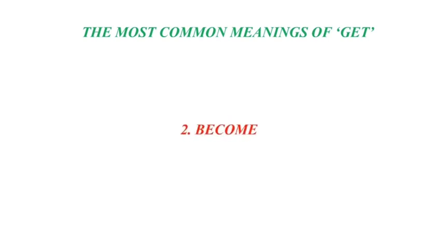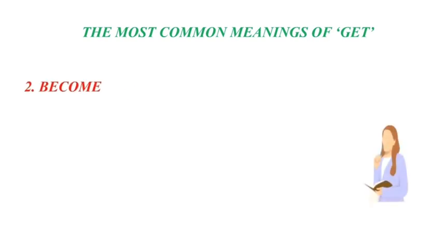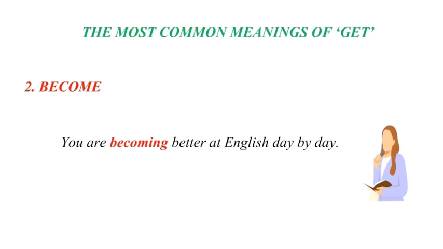If your sentence contains the word become in it, you can easily replace it with the word get. For example, if I talk to one of my students who's been learning English for a long time and I want to compliment him by saying that you are becoming better at English day by day, in place of become, I can use the verb get. See the difference now.